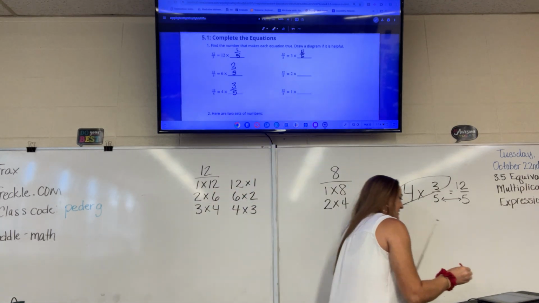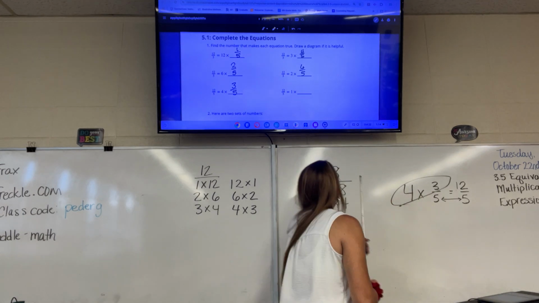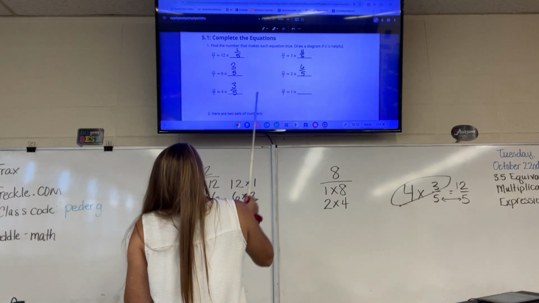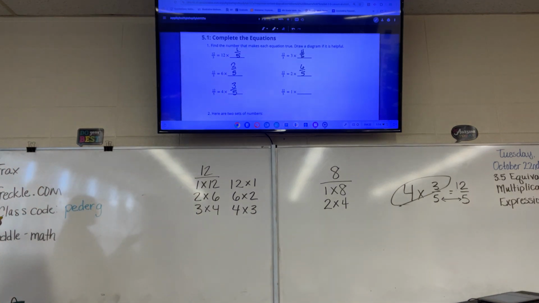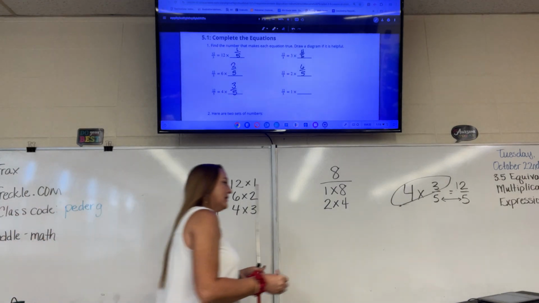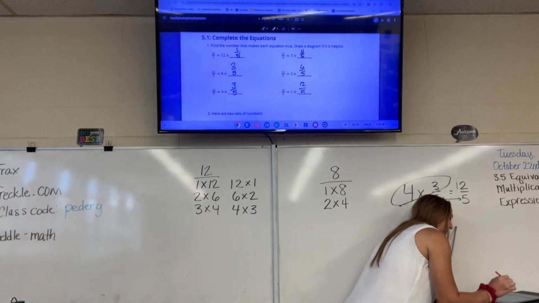There you go. 6/5. Okay. And then on the last one, what do you multiply 1 times to get 12/5? Colton? 12/5. Yeah, nice job. Because 1 times anything is the number itself. Good work.